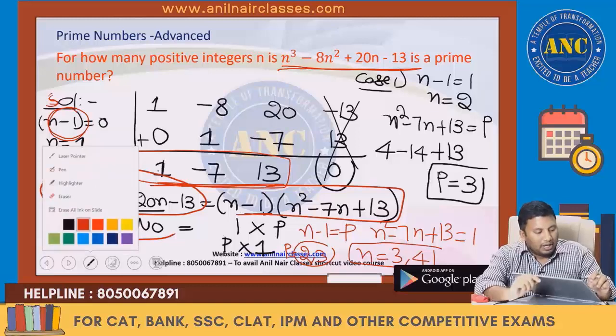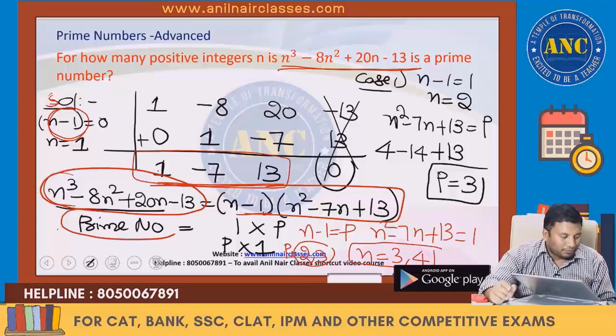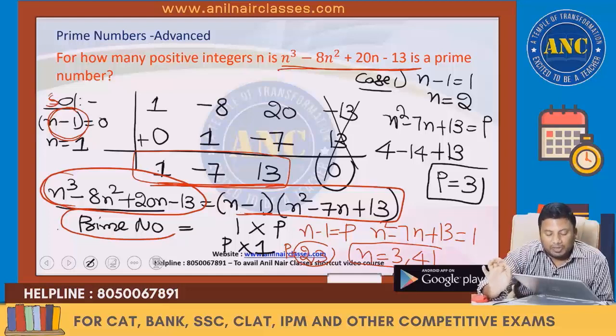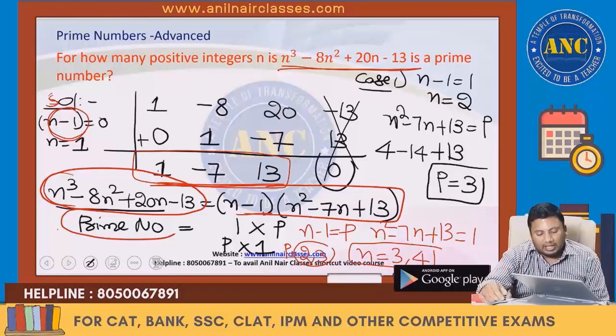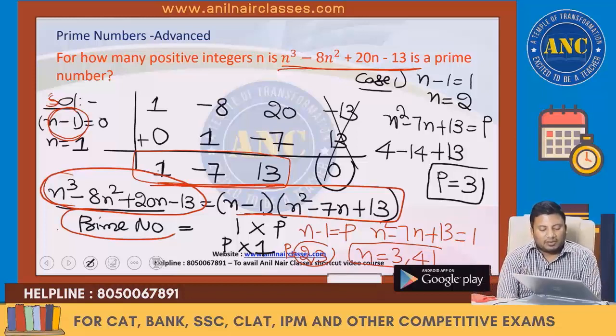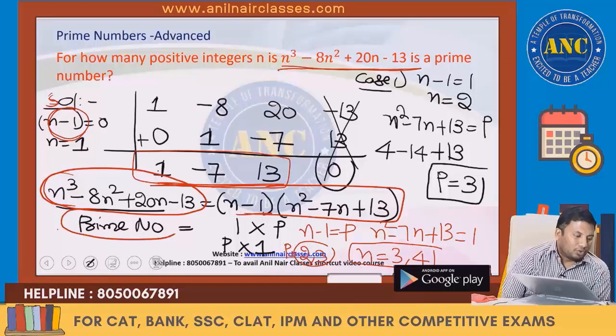1 and p. Please mention exactly what the doubt is. I will not be able to explain everything. Ask me where the doubt is. 1 into p, p into 1. Either n minus 1 should be 1 or n square minus 7n plus 13 is 1. Case 1 and case 2, you will get the answer. Mention exactly what the doubt is.